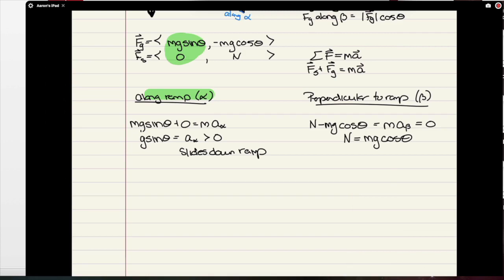And again, that should make sense that when you get to the most extreme case of 90 degrees, this contact force goes to 0. There's nothing keeping the object attached to the now vertical ramp in this case, and it will just fall off. It's always nice when you have expressions like this to make sure they make sense intuitively.